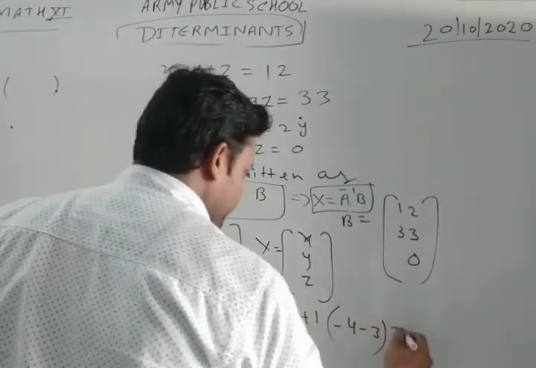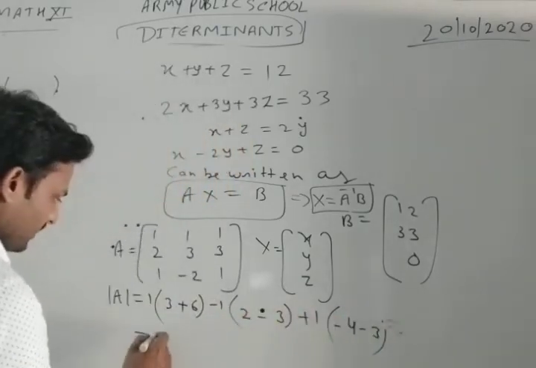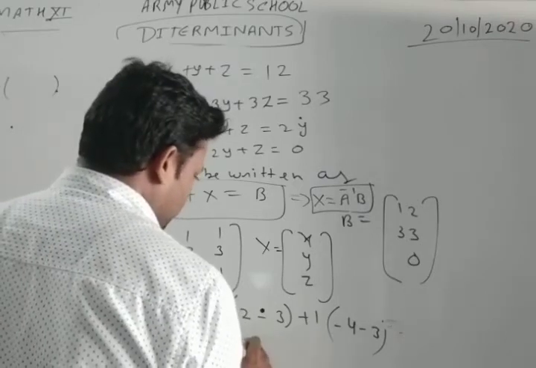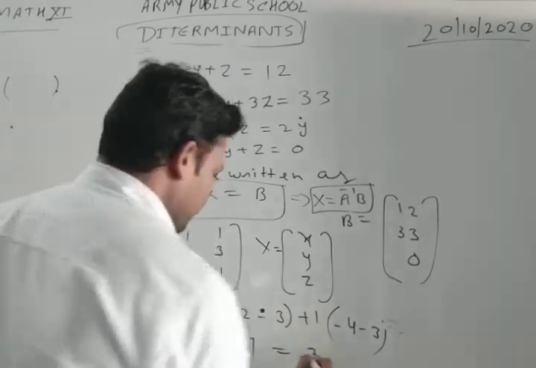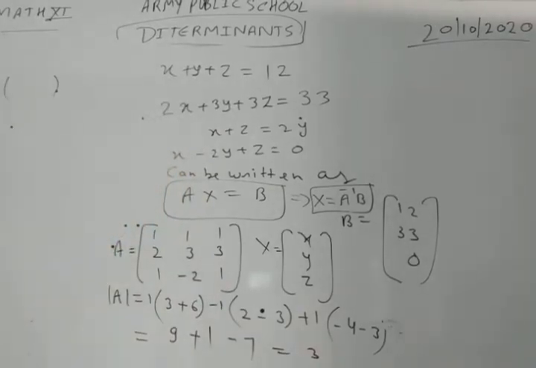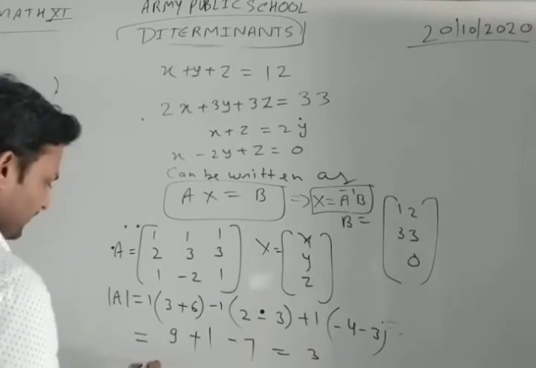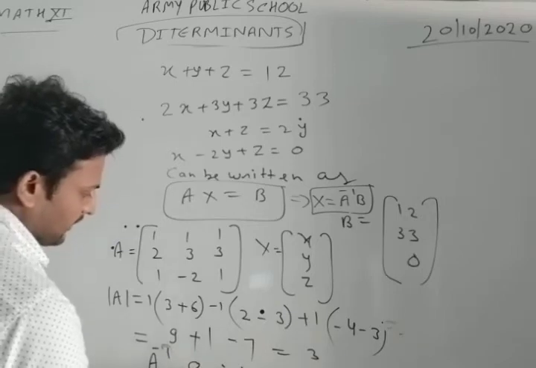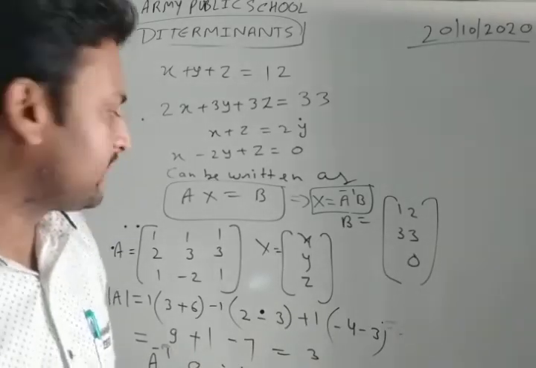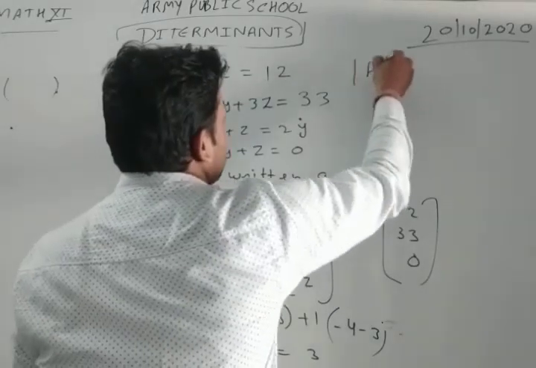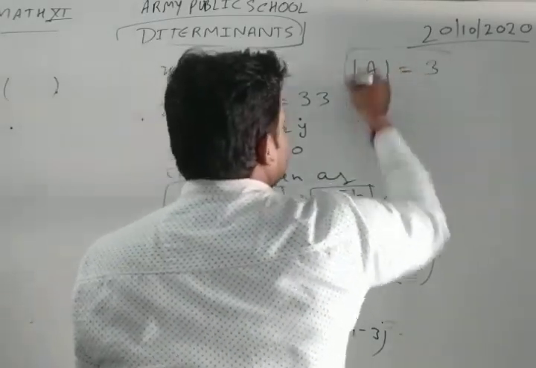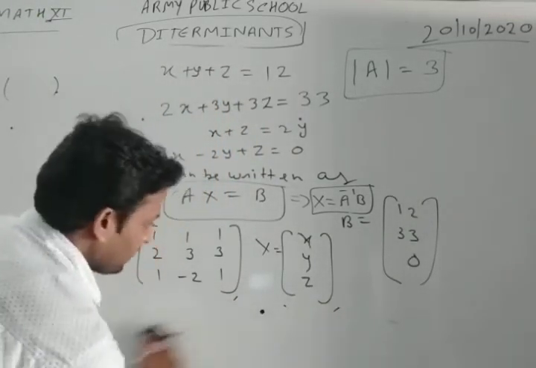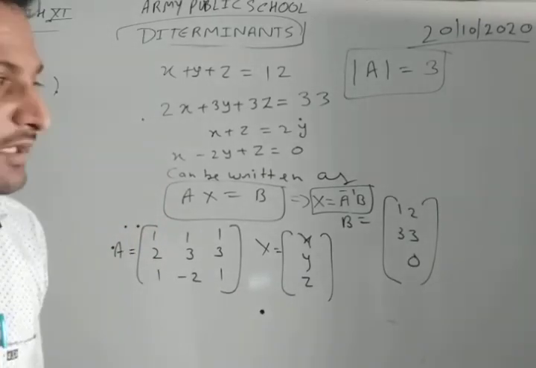After solving we get 9 plus 1 minus 7, which is 10 minus 7, so the determinant of A is 3. It means A inverse exists, so we can find A inverse because the determinant of A is 3. Now we will find the adjoint of A.